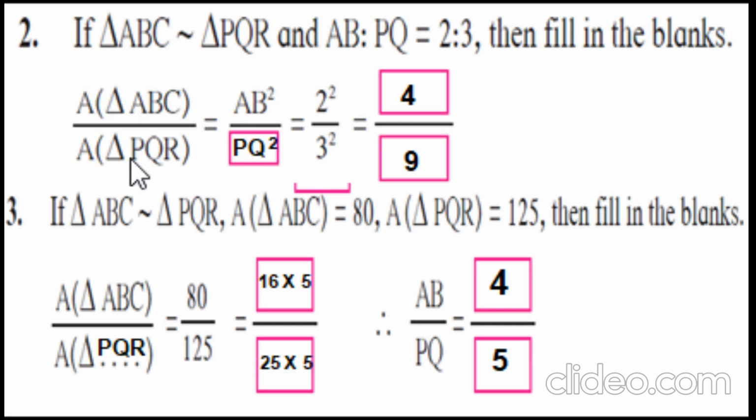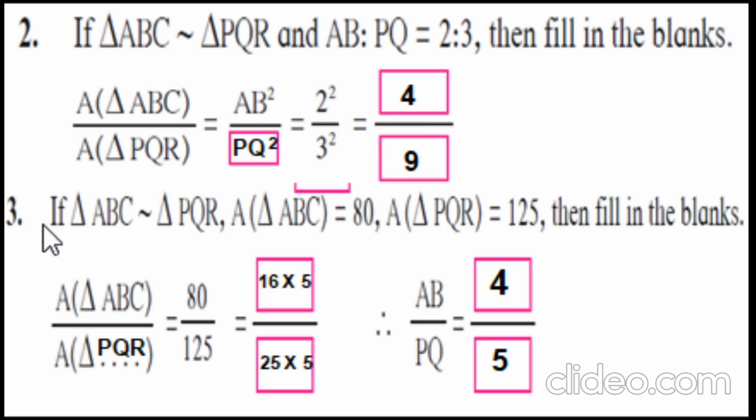PQ is the corresponding side of AB; these two are corresponding sides of each other. Then AB square is 2 square, PQ square is 3 square. So the ratio 2:3 is given. Square of 2 is 4 and square of 3 is 9.